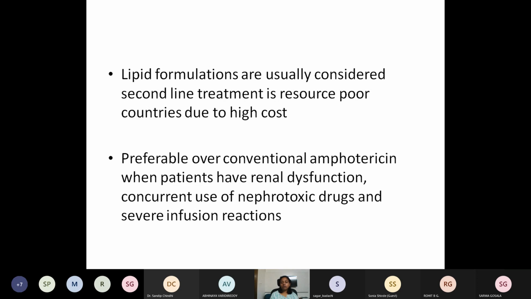The daily cost itself is about 10 to 15,000, for 2 weeks for cryptococcal meningitis, or several 3 to 4 months for other infections. So the overall cost works out very high, whereas conventional amphotericin costs about 275 to 300 rupees per vial. However, if you consider the monitoring cost, the cost incurred due to nephrotoxicity, and the possible need for dialysis, lipid formulations definitely have an advantage.